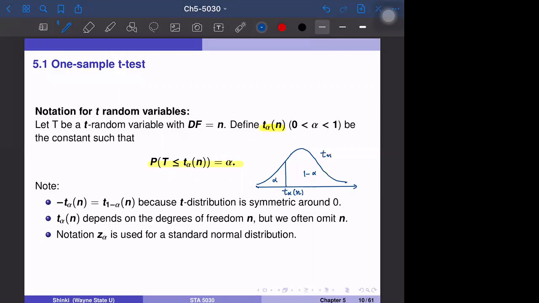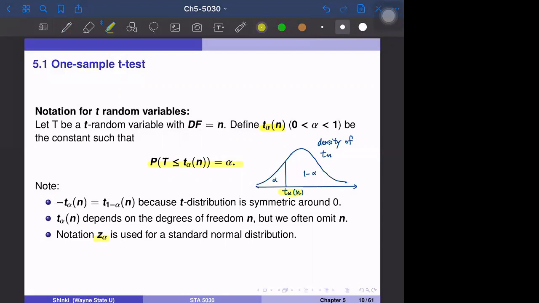This is the density of Tn. So this is the definition of T sub alpha n. And we define this for the normal distribution also, and we write this as Z sub alpha. You can see that this notation is useful to describe the t-test in general.